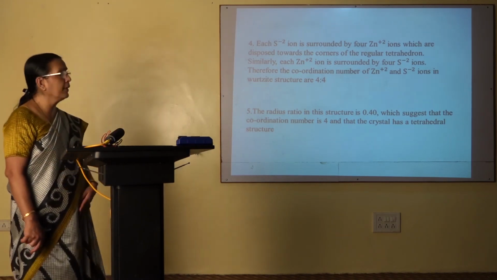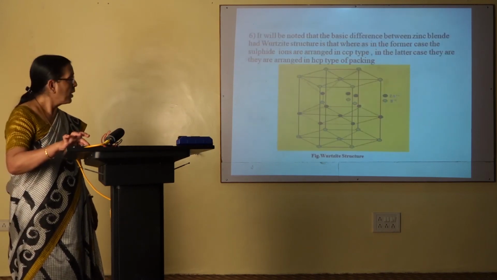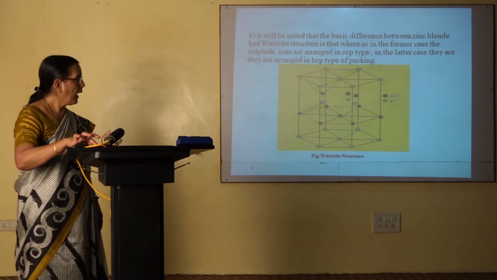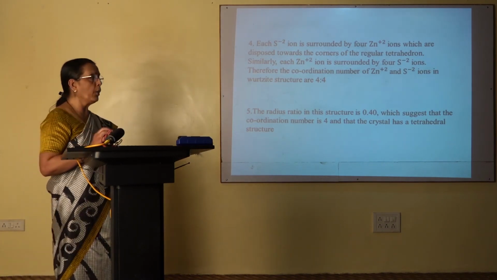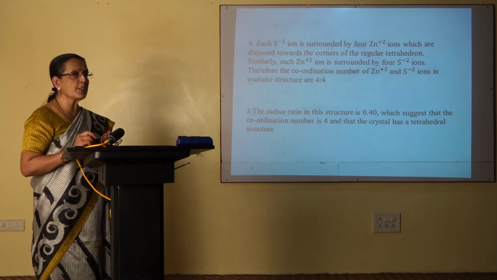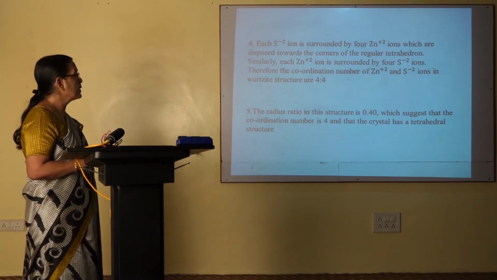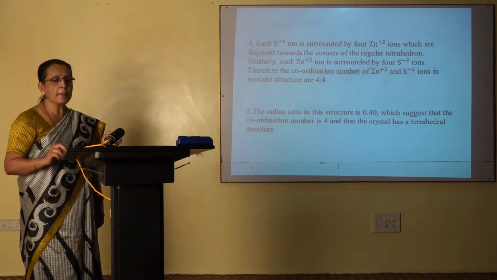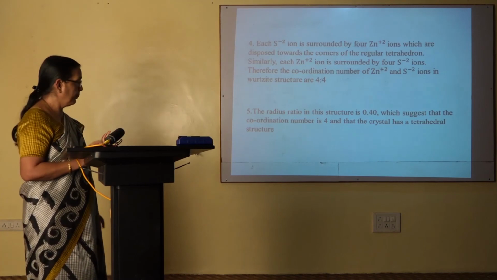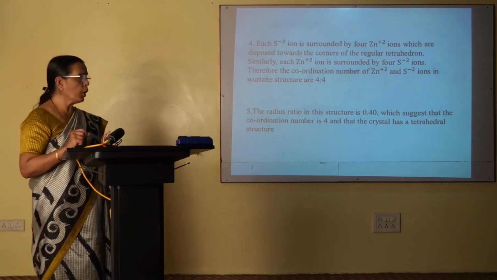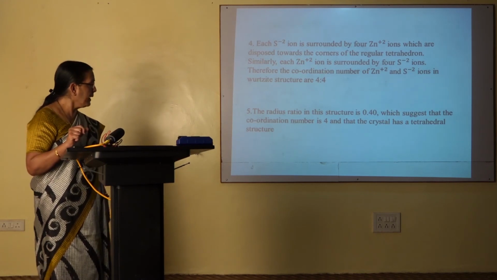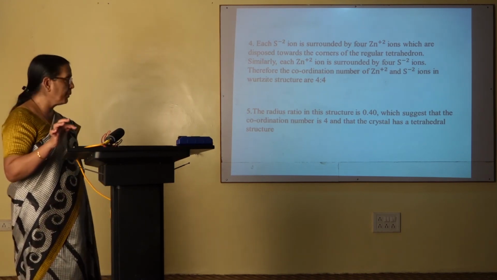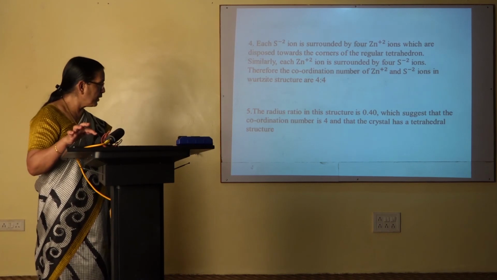Similarly, each zinc ion is surrounded by 4 sulphide ions. Therefore, the coordination numbers of zinc ion and sulphide ion in the wurtzite structure are 4:4. The radius ratio of this structure is 0.40, which suggests that the coordination number is 4 and that the crystal has a tetrahedral structure.